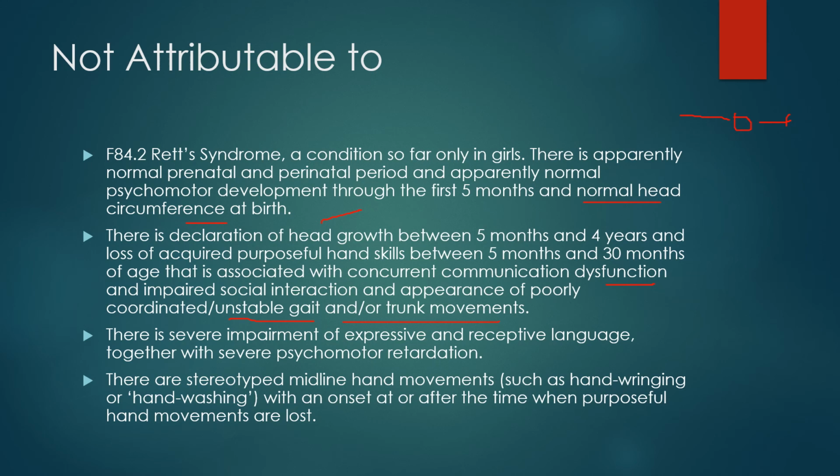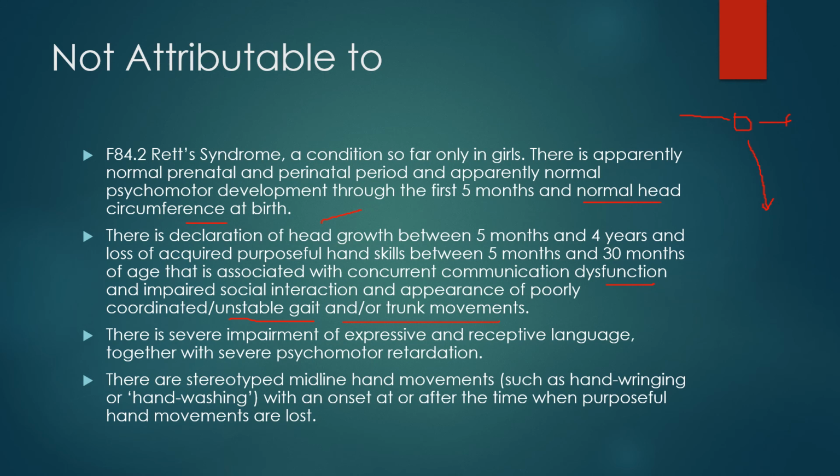So there is normal birth, but as the child keeps on growing, the noticeable differences in communication, interaction, behavior, and movements become increasingly impaired.